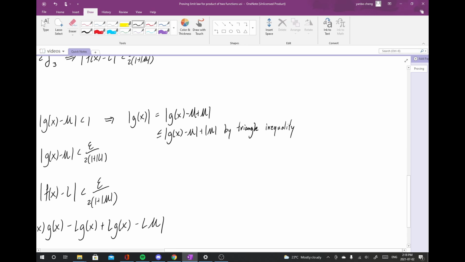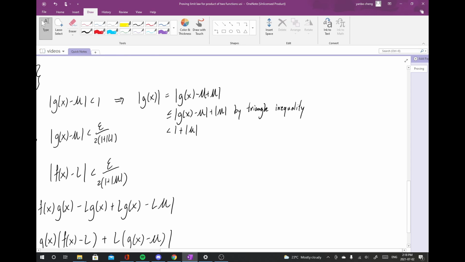And by epsilon, we know that this is smaller than 1 plus absolute value of m.